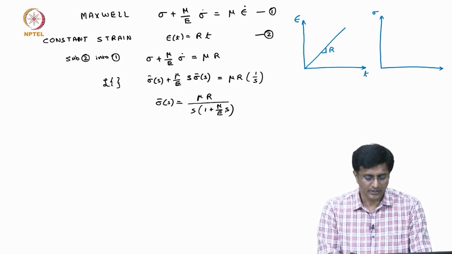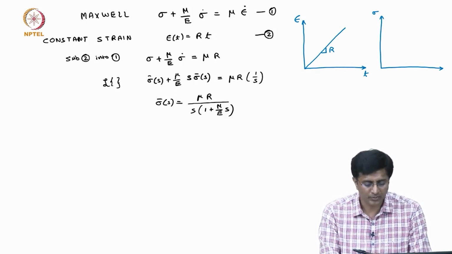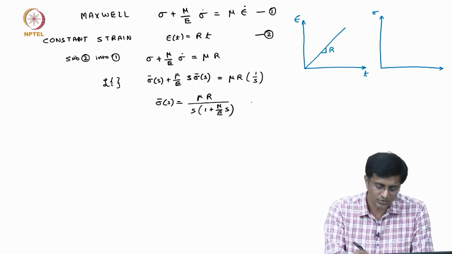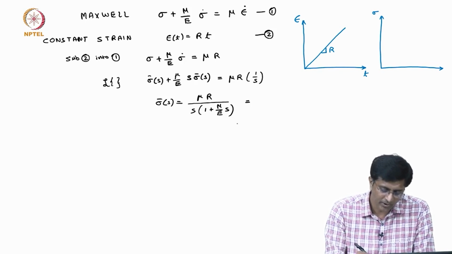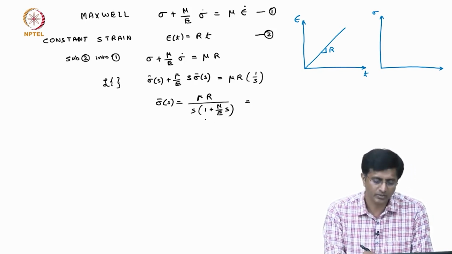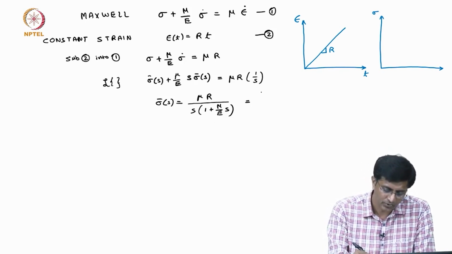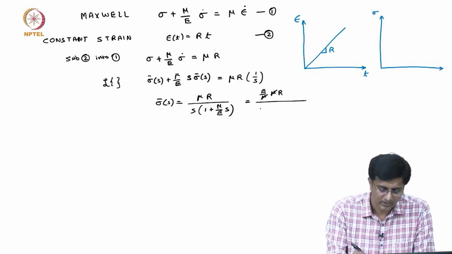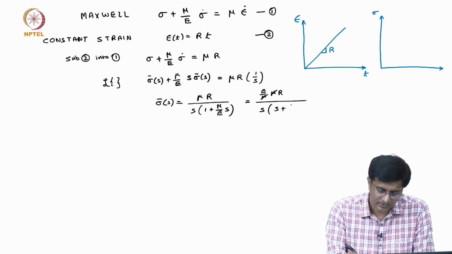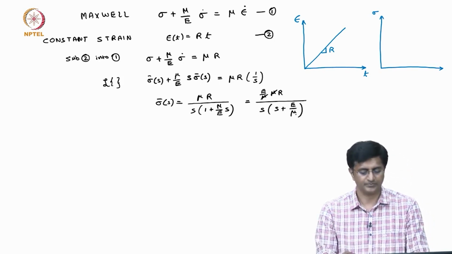Again we want to write this denominator as s plus a constant. So, we will do that by multiplying the numerator and denominator by E by mu. So, E by mu times mu r, where both of these will be cancelled, by s times s plus E by mu.